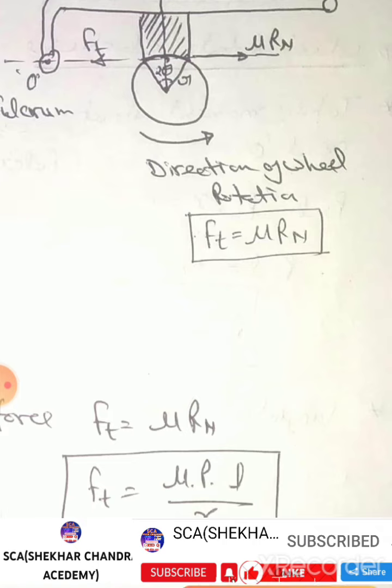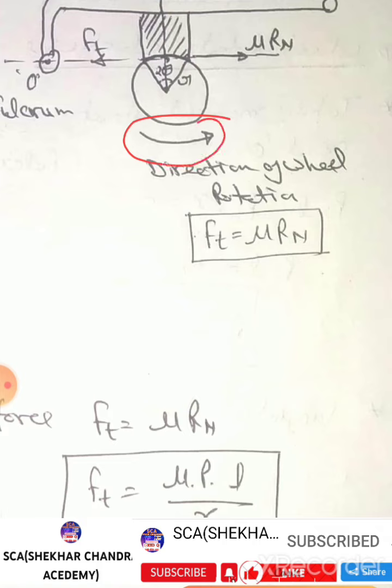Now this is the mu Rn, the normal reaction in perpendicular direction, x is the horizontal length from fulcrum to normal reaction direction, and small l from point O to applied force. Now the main important thing is this is the direction of rotation of wheel.